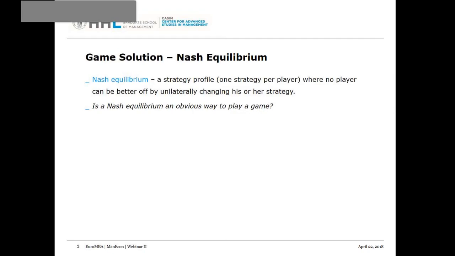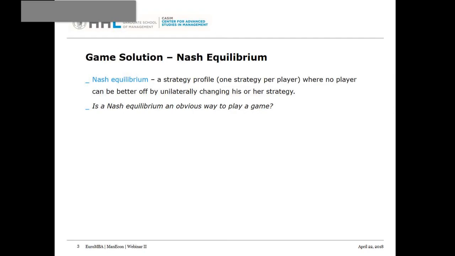A Nash equilibrium is a strategy profile, one for each player. You can have a game with many more players. In the textbook, we usually had only 2 players, and so one strategy per player, with a certain characteristic: a situation where nobody can be better off by changing his own strategy, keeping the strategies of others constant.